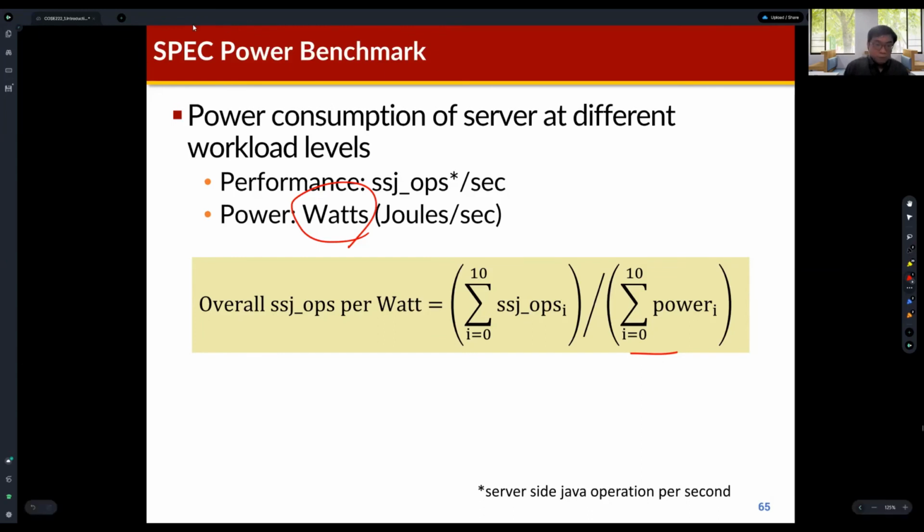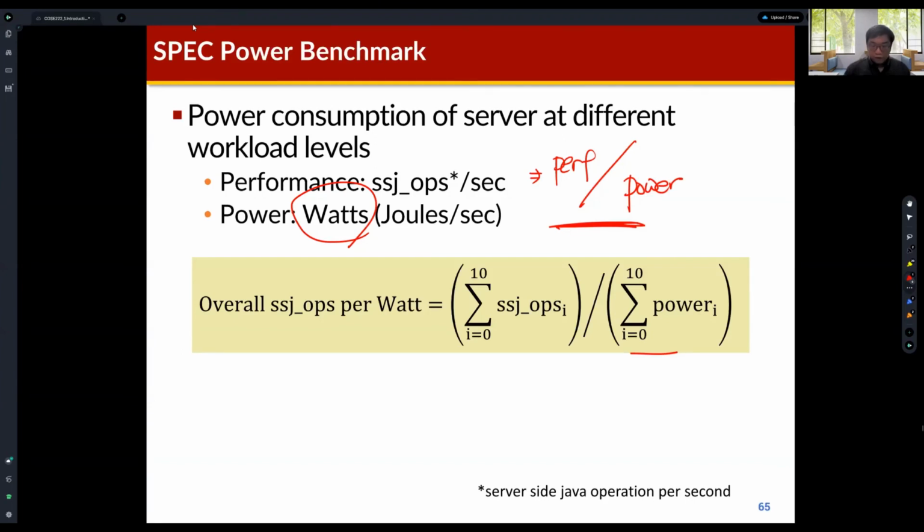So SPEC power measures the performance per consumed power.